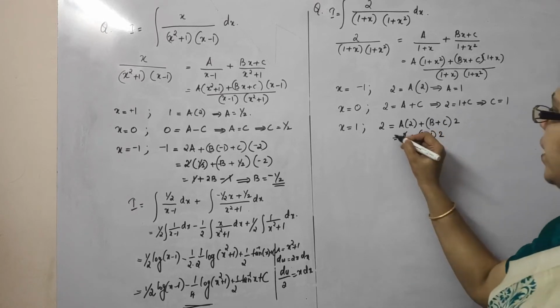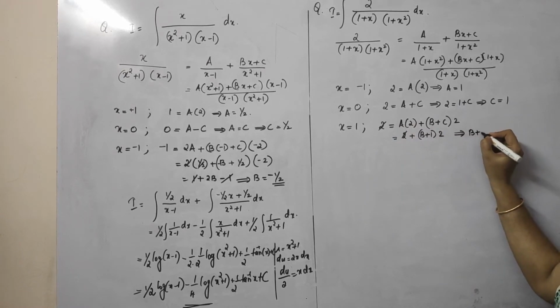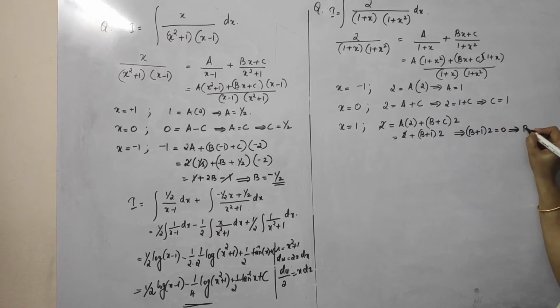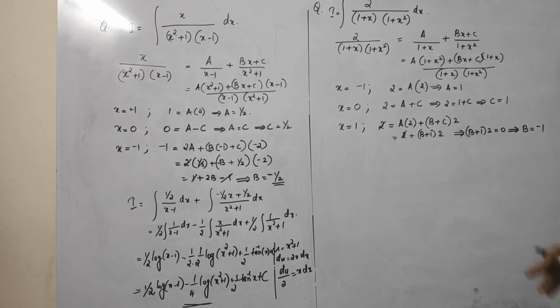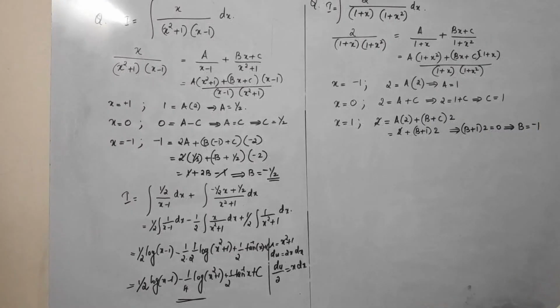Now 2 and 2 cancel from both sides. This gives me b plus 1 into 2 is equal to 0. This implies b is equal to minus 1. So I have got all the values, isn't it? I have got b as minus 1, a as 1 and c as 1 itself. So we have got the values of a, b and c.